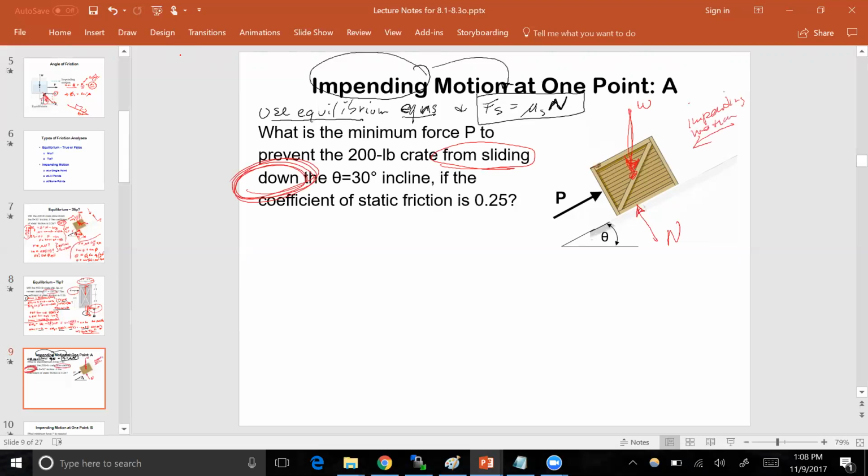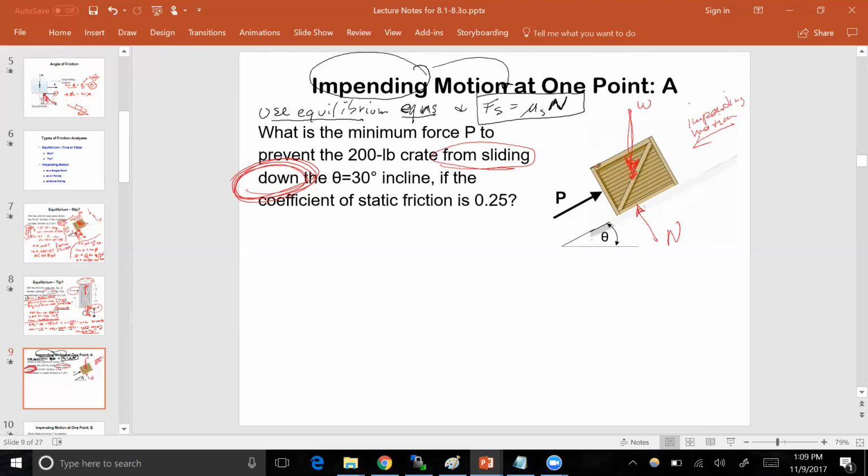So put that on your sheet. Well, there's P. We're pushing up on that crate. But we're only pushing, we're not trying to make the crate go up. We're trying to keep the crate from going down. So the friction always, always, always opposes the direction of impending motion. If the thing wants to go one way, the friction is going to oppose that, right?